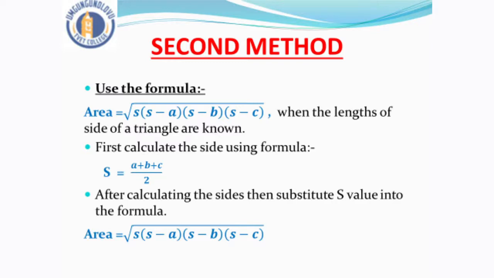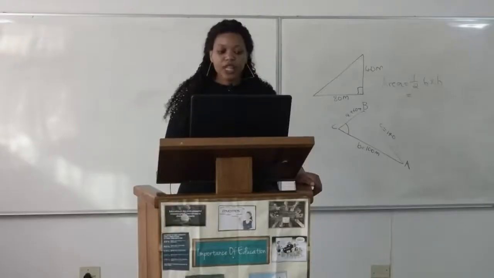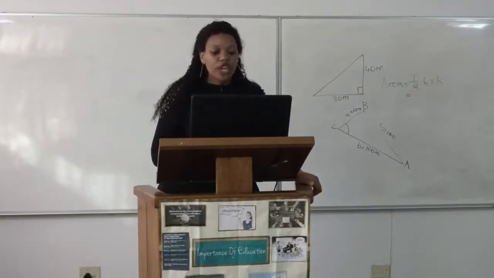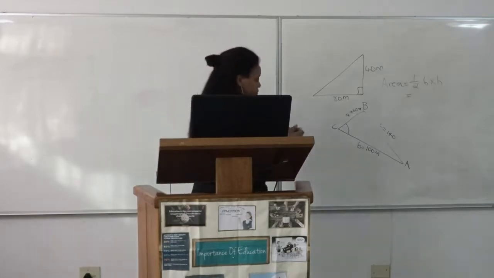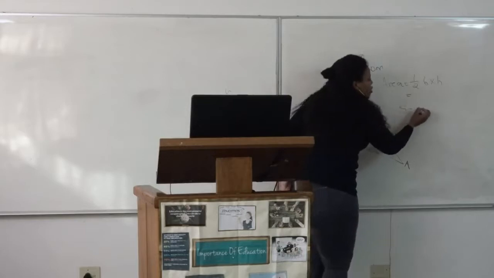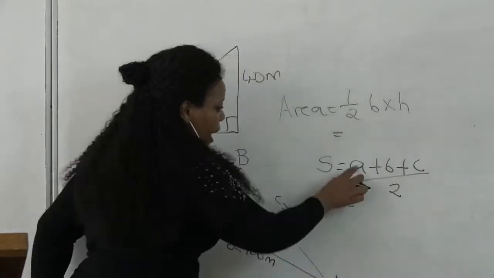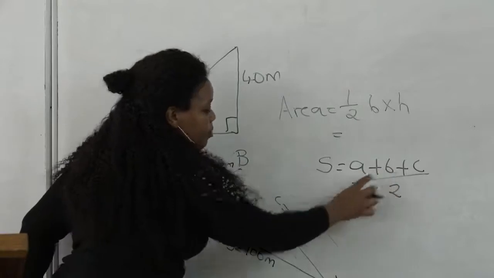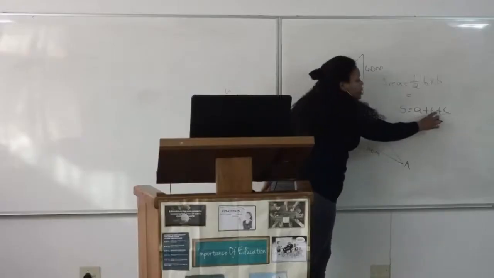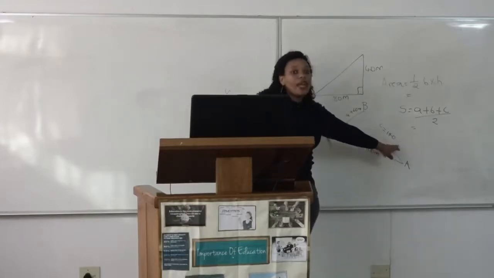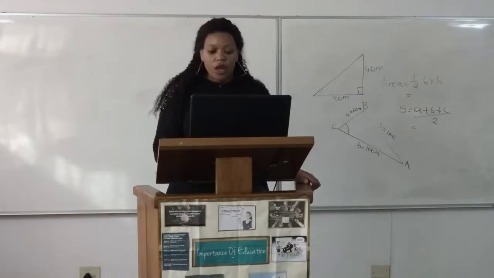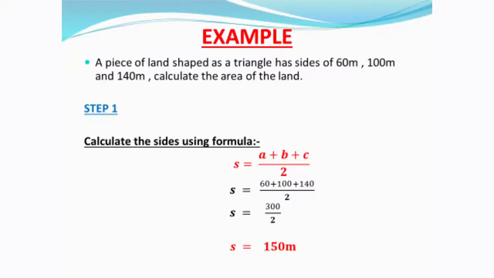We now have a, b, and c; the only thing that we don't have is S. So we use this formula: S is equal to a plus b plus c divided by 2, where a is this side, 60 meters, plus b, which is this side, 100 meters, plus c, which is that side, 140 meters. Then you will get 150 meters.